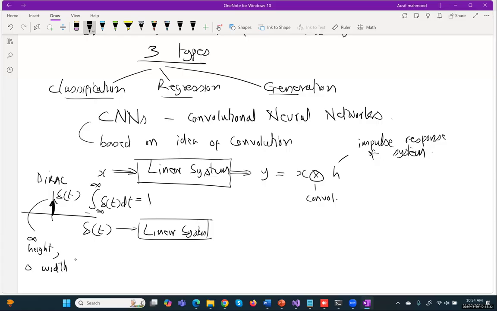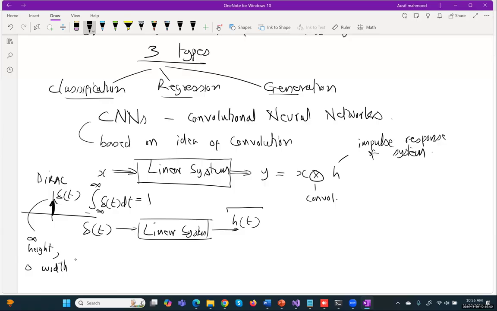So the area in this impulse is 1, but think of it like an extremely rapid change. We apply an extremely rapid change to the input of a system. Whatever output it produces, that's what we refer to as the impulse response, meaning input as an impulse, output as the response to that input, right?